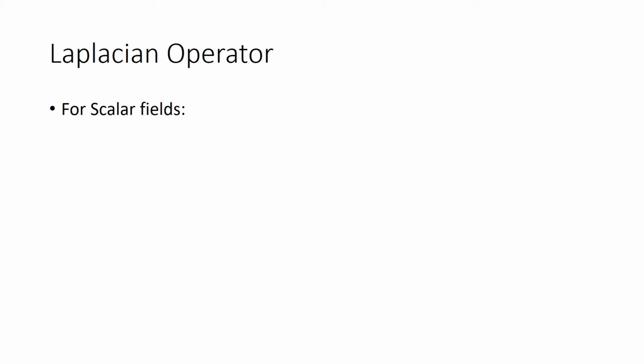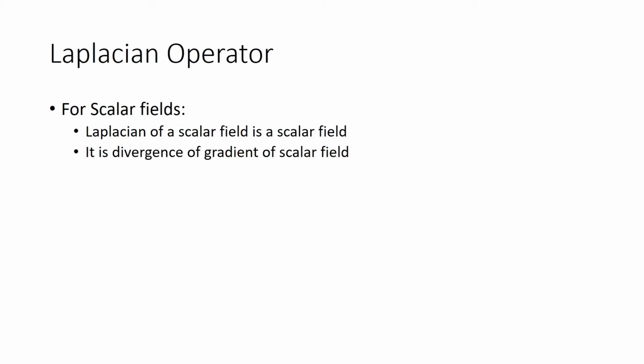If we apply this on scalars, then the Laplacian of a scalar field will also be a scalar field. And the Laplacian of a scalar field is obtained as the divergence of the gradient of a scalar field.